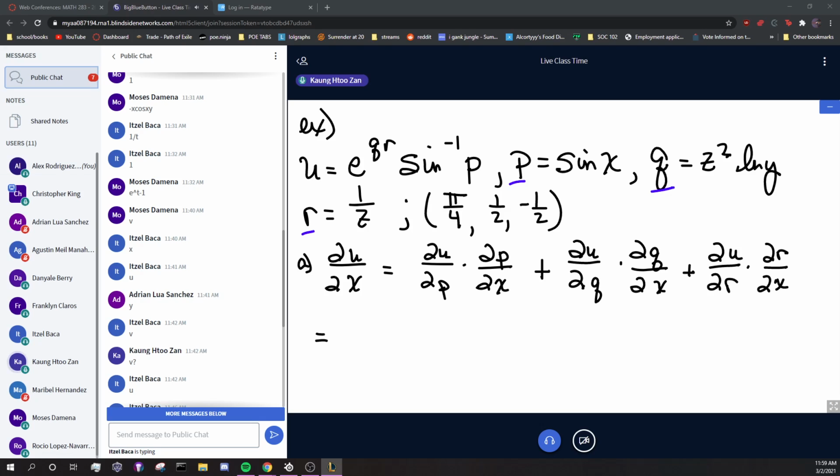E to the power qr over the square root of 1 minus p squared. Then we're going to multiply that by the partial of p in respect to x.